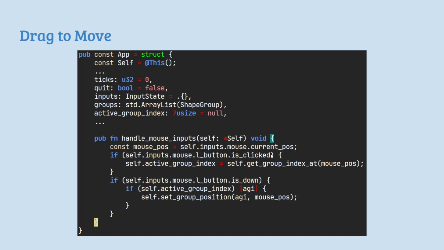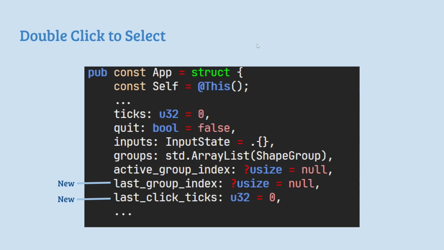Is clicked is set to true on the frame that the mouse was clicked, and from the next frame onwards it's set to false. So now if we're going to go to the next feature, which would be double click to select, then we'll have to add two extra parameters to the struct, which would be last click ticks, which is to find out when was the last time that we clicked, and last group index, which is to see which was the group that we clicked on last time.